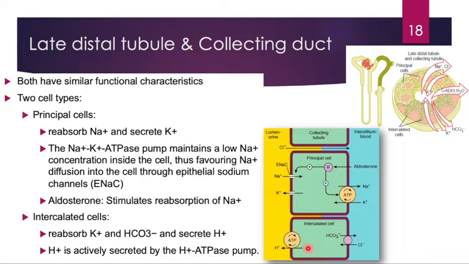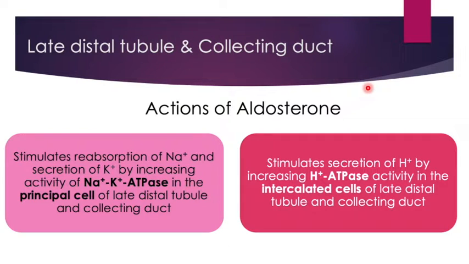In the intercalated cell, the basolateral membrane contains a bicarbonate chloride countertransporter. So the function of this intercalated cell is to reabsorb bicarbonate. On the luminal membrane, there is a hydrogen ATPase pump that actively secretes hydrogen from the cell into the tubular lumen. So aldosterone plays an important role in the reabsorption and secretion processes in the late distal tubule and collecting duct.